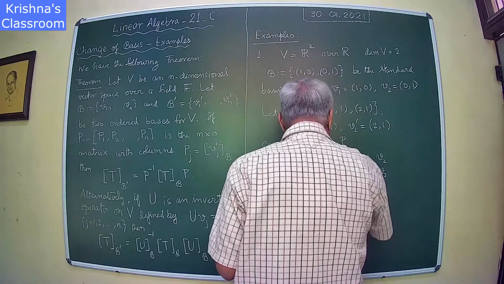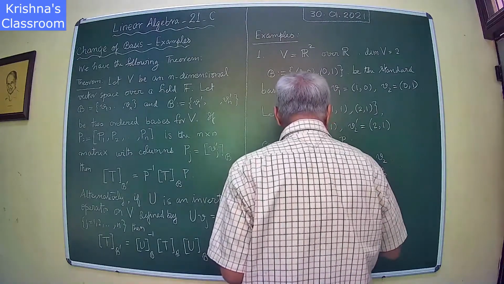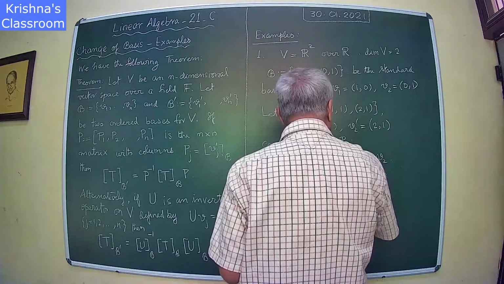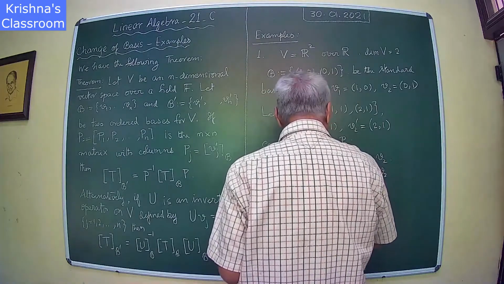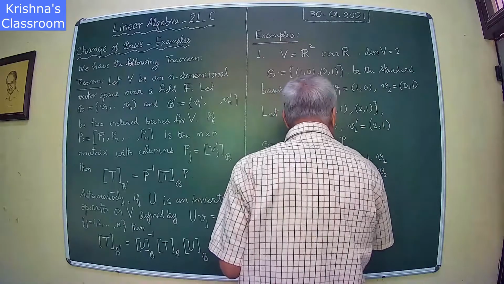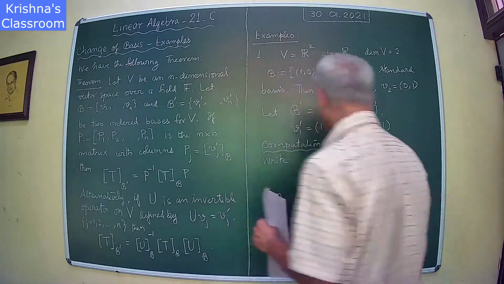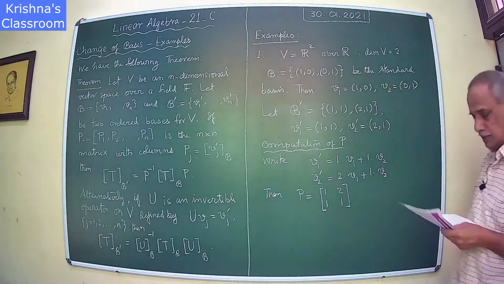That means these coefficients become the first row, these coefficients become the second row. So P is this, and P is invertible.